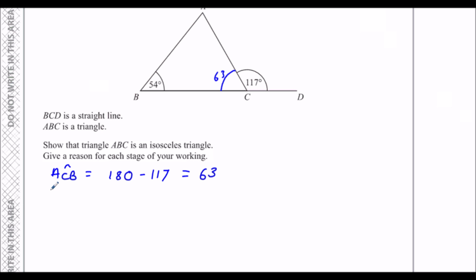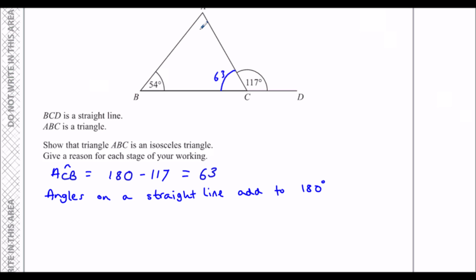So the reason is angles on a straight line add to 180 degrees. So the 2 angles on a straight line must equal 180 degrees.